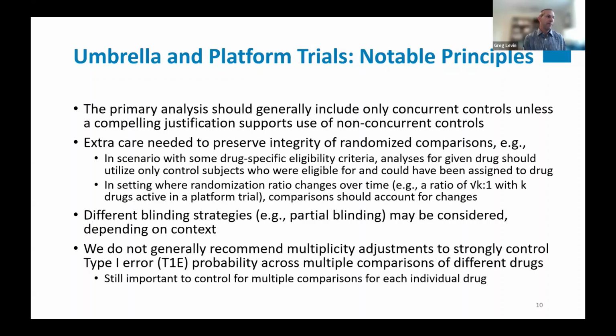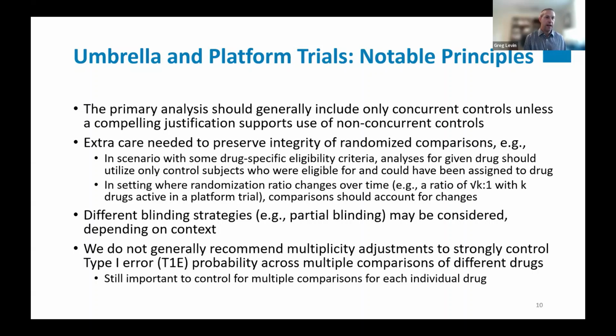The guidance also emphasizes that different blinding strategies may be considered depending on the context. So for example, it talks a lot about the pros and cons of partial blinding strategies and how to implement those. And then importantly, and I think one of the things that Kit mentioned was an active discussion is about multiplicity.